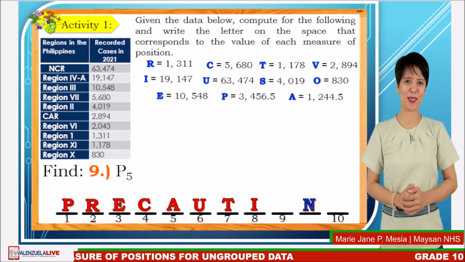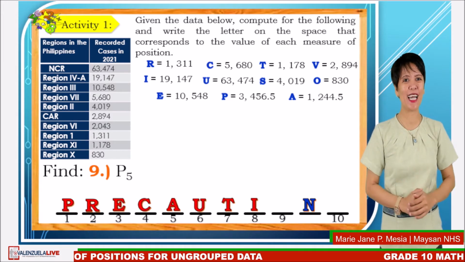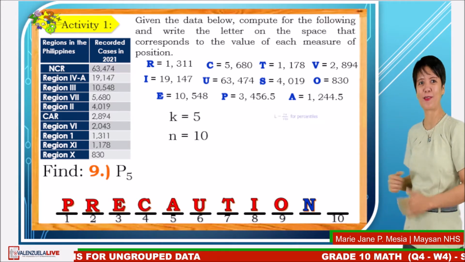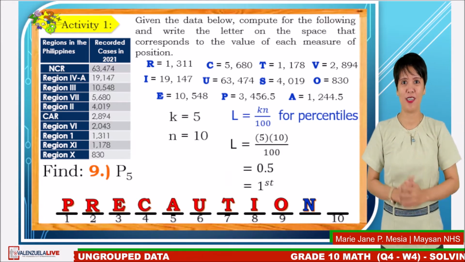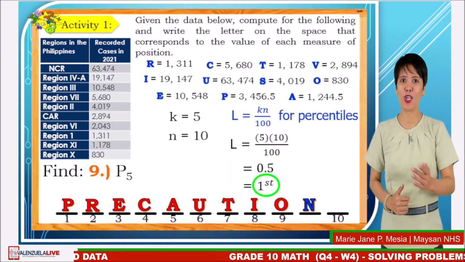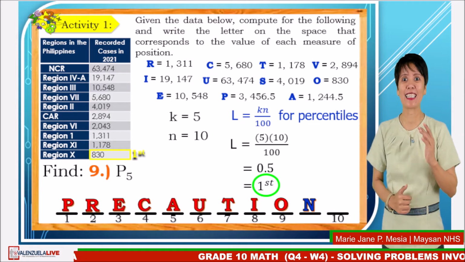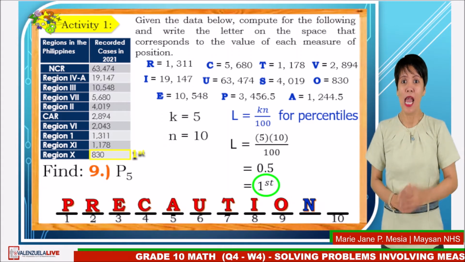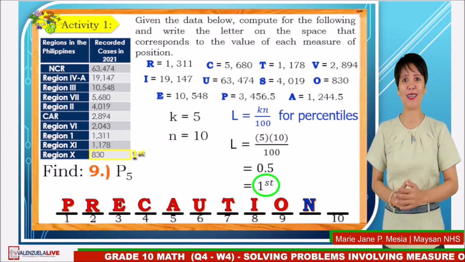What is your answer? Very good. Letter O. The solutions are flashed on the screen. So, the locator is in the first position, which is in region 10, whose cases is 830. And the letter that corresponds to the value is letter O.